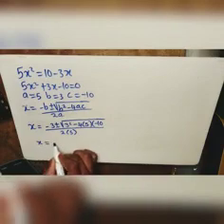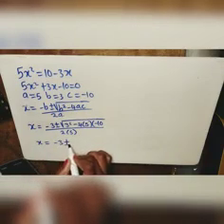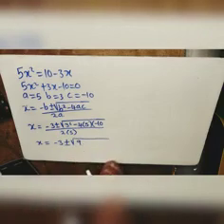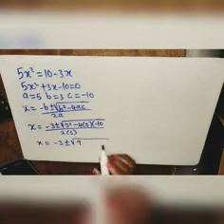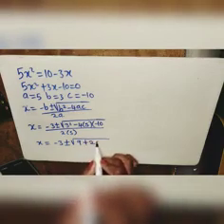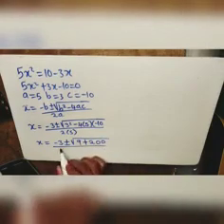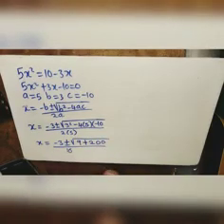Simplifying this, we'll have minus 3 plus or minus the square root of 3 squared is 9, minus 4 times 5, that's a minus 20, minus 20 times minus 10 will give us a positive 200, right? All over 2 times 5, which is 10.